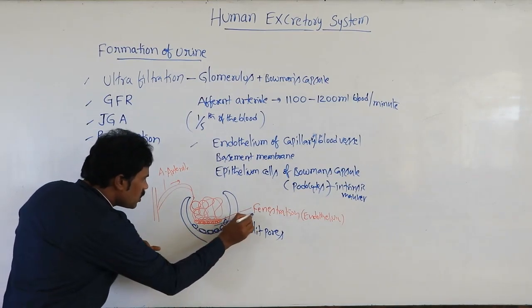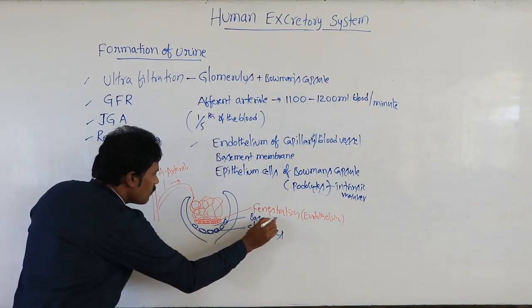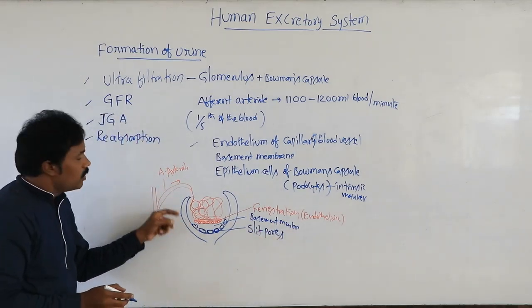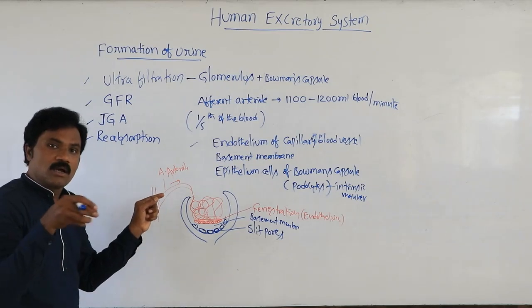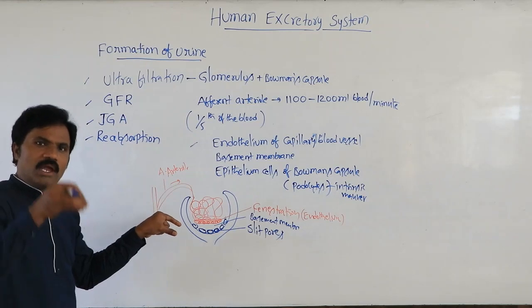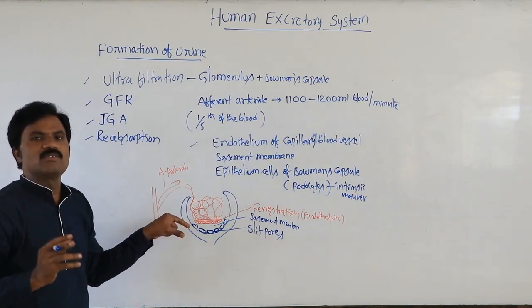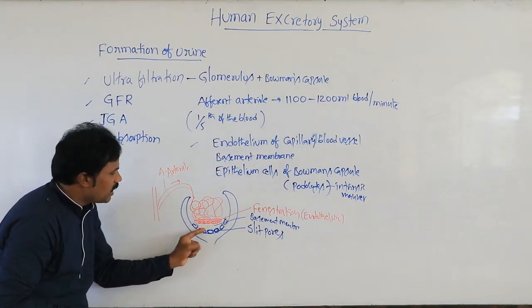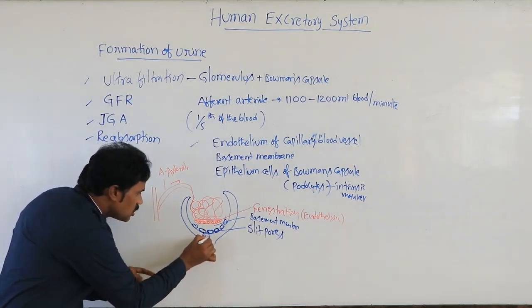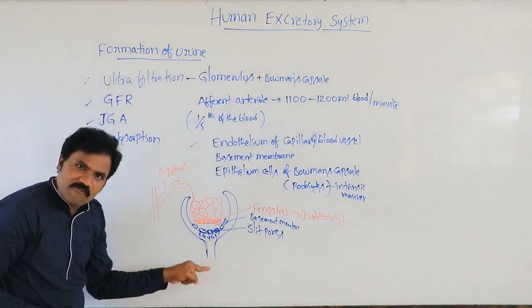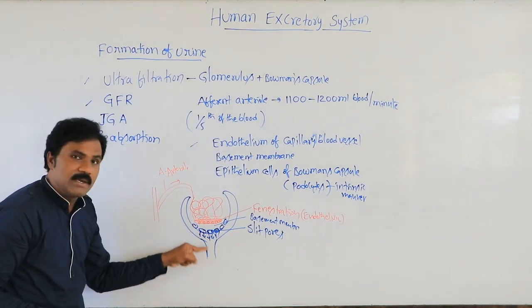Whatever blood comes towards the glomerulus, almost all of the plasma is filtered except proteins, through the fenestrations, then the basement membrane, then the slit pores, and then moves towards the proximal convoluted tubule of the nephron.